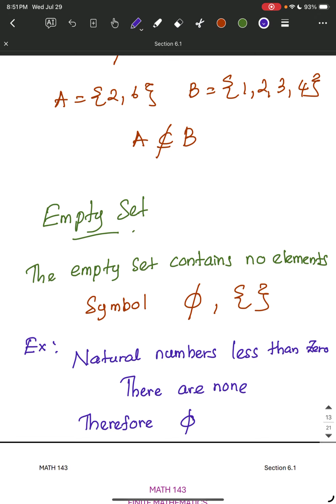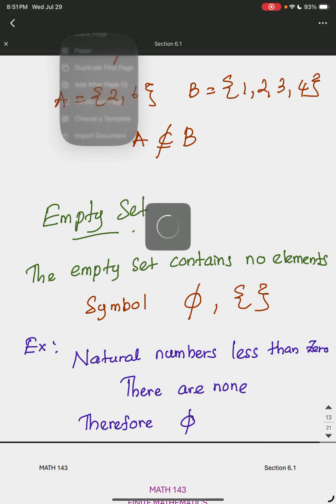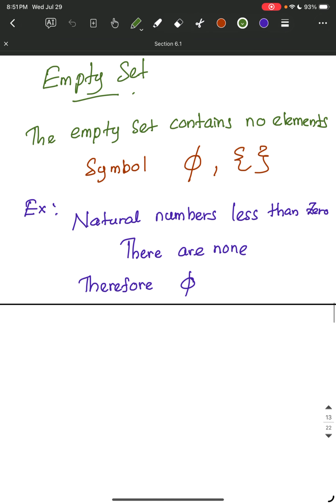And the second special set we want to know in this chapter is the universal set. The universal set contains all elements under consideration.